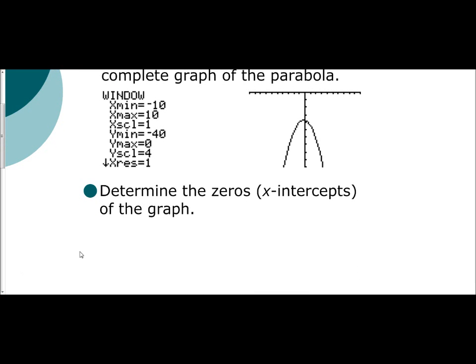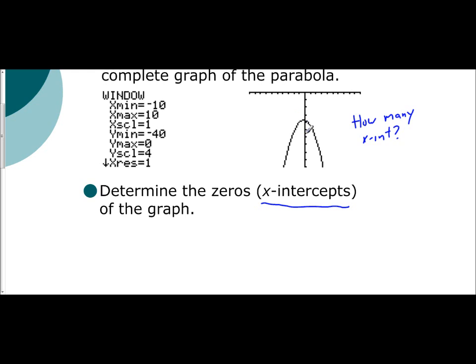Now in the previous videos, we've gone and hit second calc, option 0, left bound, right bound, but I need you to realize you're asked to find the zeros, which are the x-intercepts. In the previous videos, we went to our calculator because we saw we had two x-intercepts. My question is, how many x-intercepts do you see here?